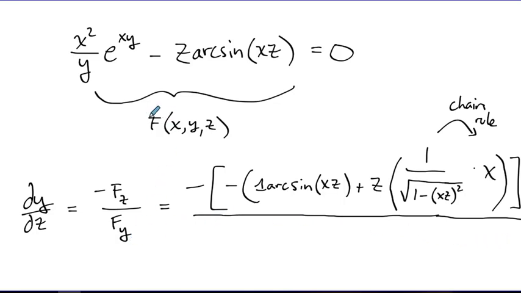Now let's take a derivative of this function f with respect to y. Again, I'm going to use the product rule here, and I won't really need the quotient rule for this because the numerator is a constant when I take a derivative with respect to y.